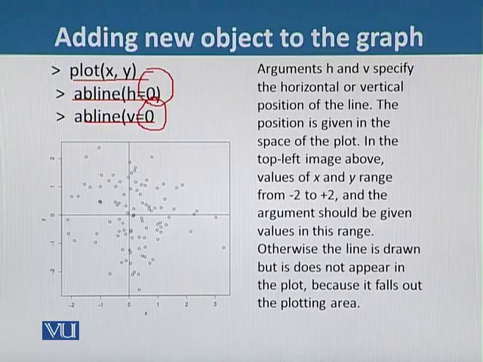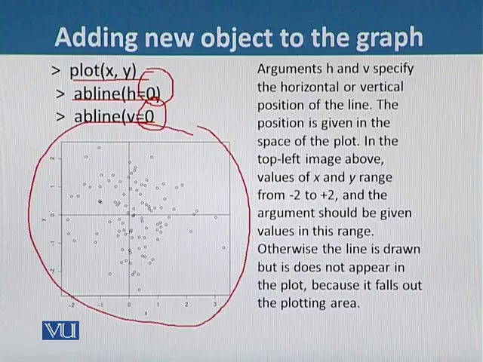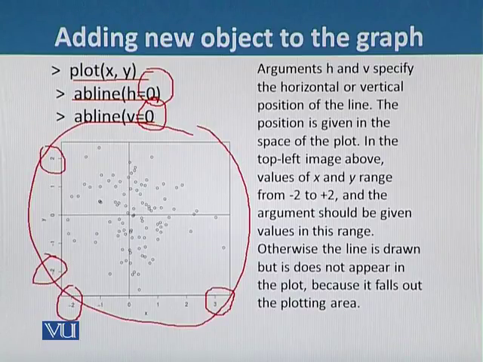The position is given in the space of the plot. In the top left, we can see this image. The values of x and y range from -2 to +2, and the arguments should be given values in this range. These are the two arguments, abline h and v.